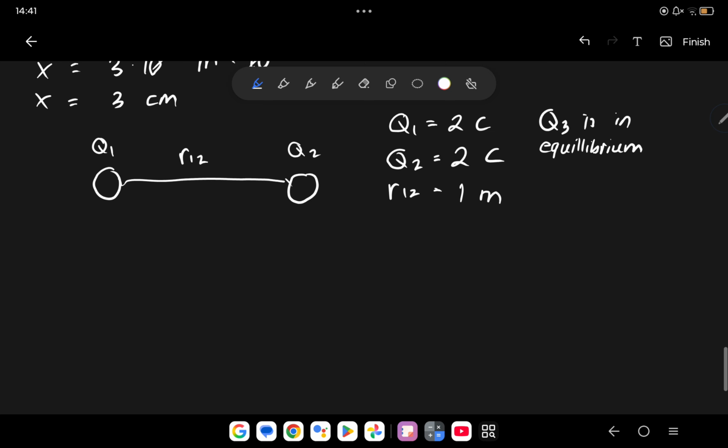Now the question is, what is the distance between Q1 and Q3?